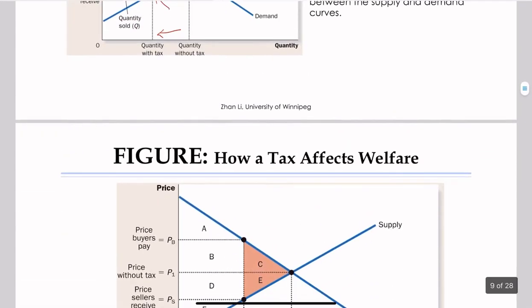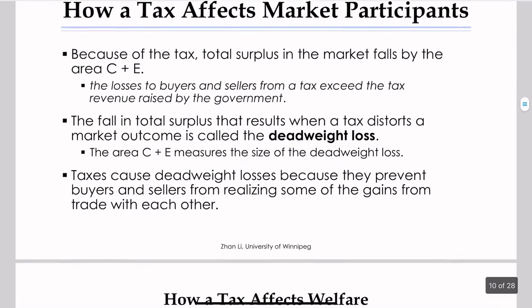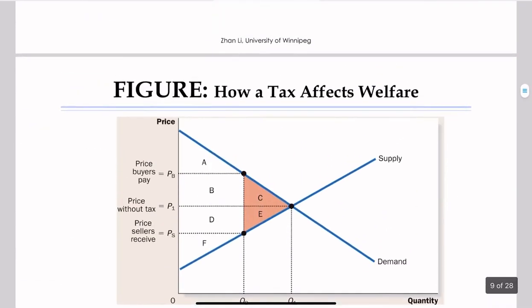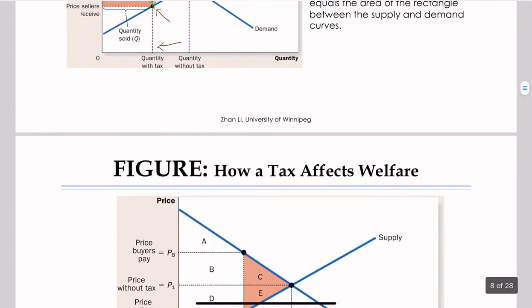Okay, so this is actually fairly simple. Let me use the space here. So let's think about consumer surplus. First, let's consider no tax. And next, we could consider with tax.